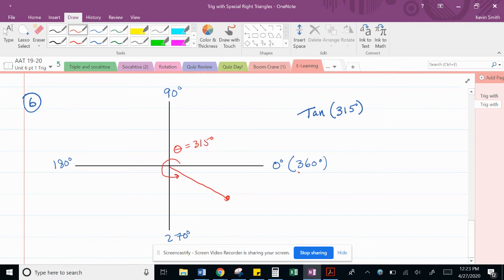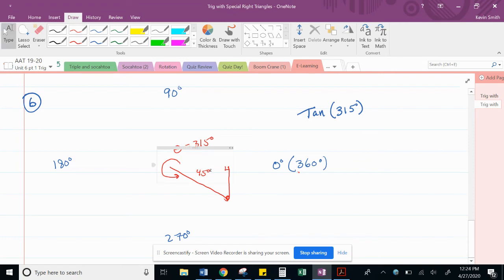So if this is 360 and we stopped at 315, that means this is a 45-degree angle. So we'll make our triangle. Oops, sorry. Let me fix that. Okay. So this is a 45-degree angle.